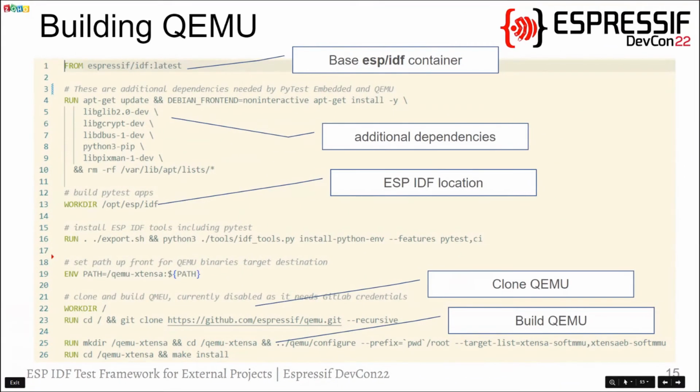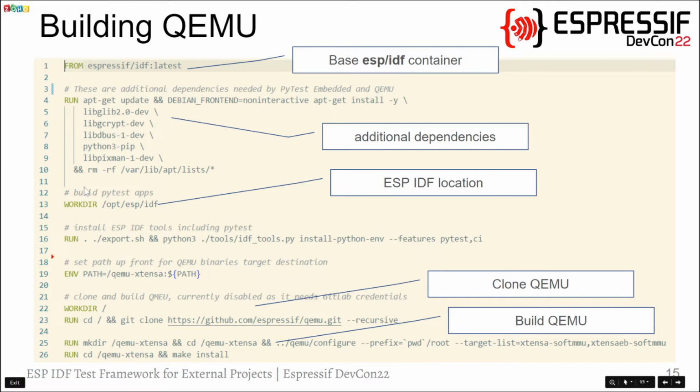Then I'd like to share how you can build QEMU from the source code from our fork, and I'm doing it in the form of a Dockerfile. I think you can see that it's based on the IDF latest image. Then we are installing a few additional dependencies. These are actually needed by QEMU itself, but also I think some of those libraries are needed by the test framework itself.